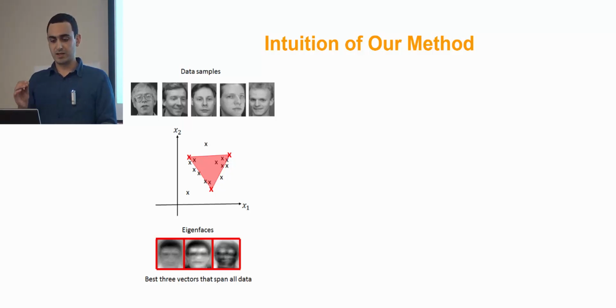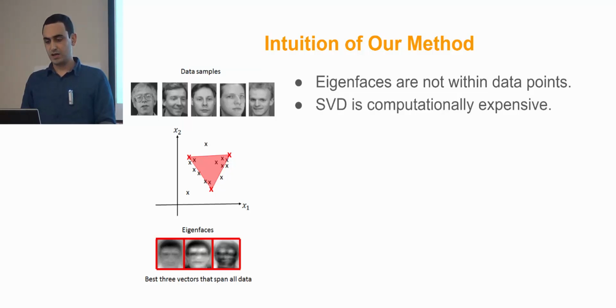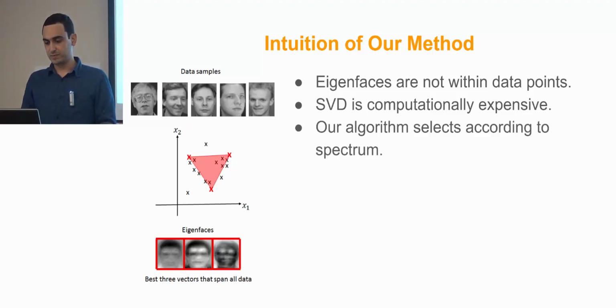If you select the eigenfaces, these 3 eigenfaces can represent the data points very accurately. But the problem with eigenfaces is that they are not within the data points, so they do not belong to your data set. They are arbitrary vectors in your space. And also calculating all the singular vectors of a data set is very computationally expensive.